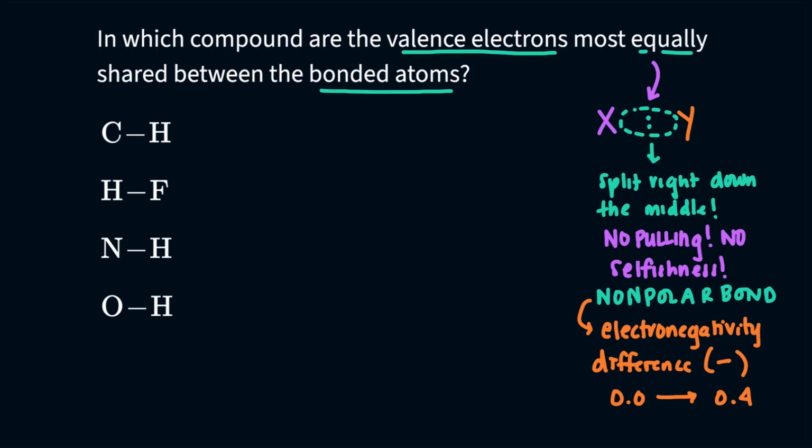Okay, so we're back. So all of these bonds have the hydrogen, so that's the thing that stays constant. And on that periodic table, it was 2.2. So I'm just going to write 2.2, 2.2, 2.2, 2.2. And they were increasing by 0.5s, right?